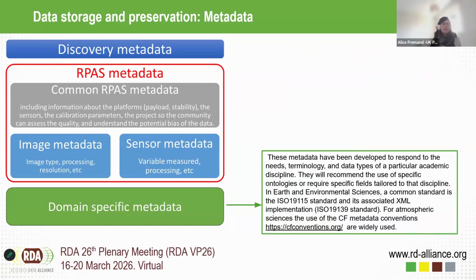So, for example, if you are working in the earth and environmental sciences, the common standard is the ISO 19115 standard, and for atmospheric science, you can also use the CF convention. This is really to showcase that there are different levels of metadata that you will need to provide.